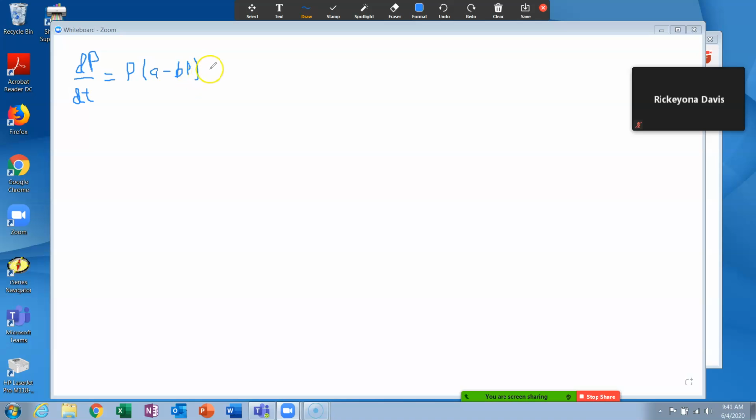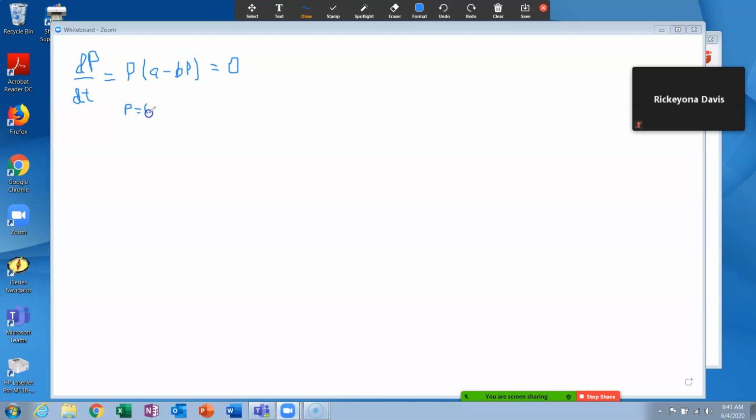And that's why factoring it helps you to determine your critical values. Now the critical values aren't the t values, they're the p values, where the critical values are when this function is equal to 0, which is where your slope is equal to 0. Okay, well, when would that be? That would be when p is equal to 0.